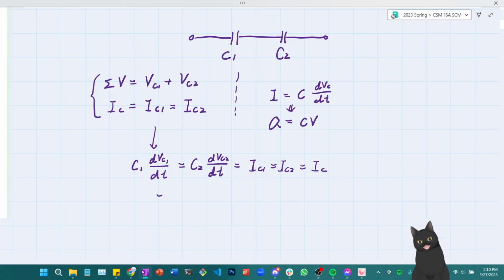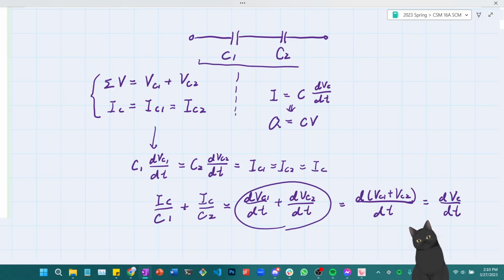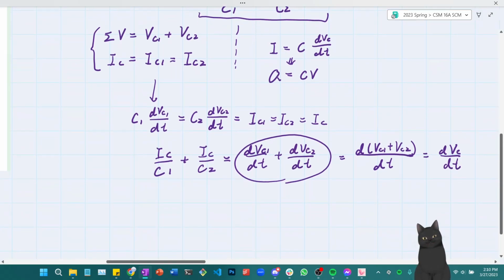So that is telling us that Ic over C1 plus Ic over C2 is equal to dVc1/dt plus dVc2/dt. And using the additive rule of derivative, this is directly equal to d(Vc1 plus Vc2)/dt. And this is directly equal to dVc/dt, where Vc stands for the voltage across the entire combined capacitor.